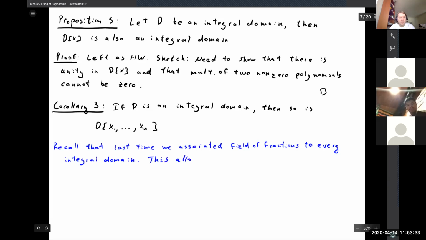This allows for the following definition. Now that will be definition 3. So let D be an integral domain.